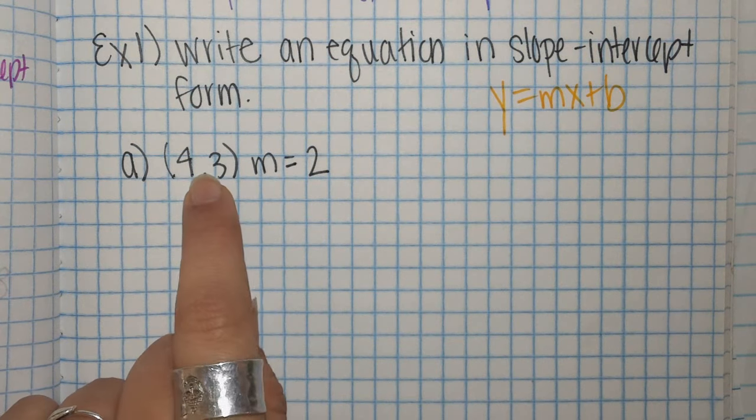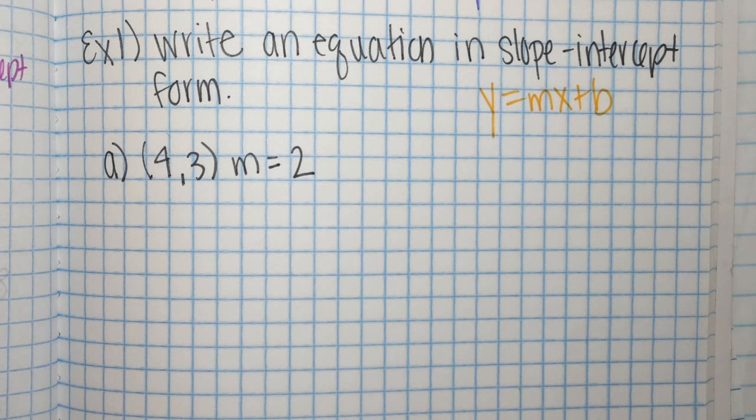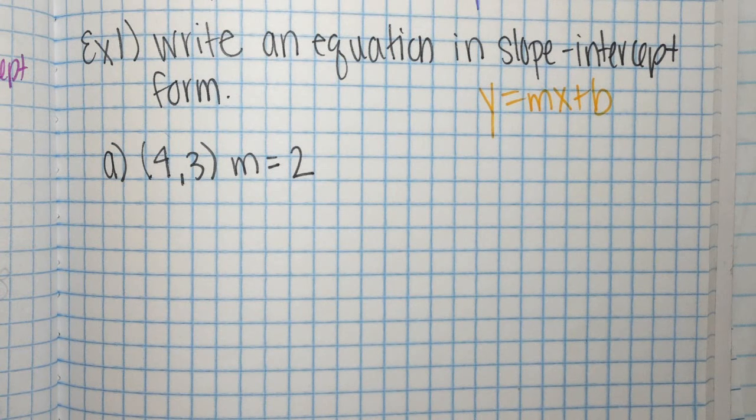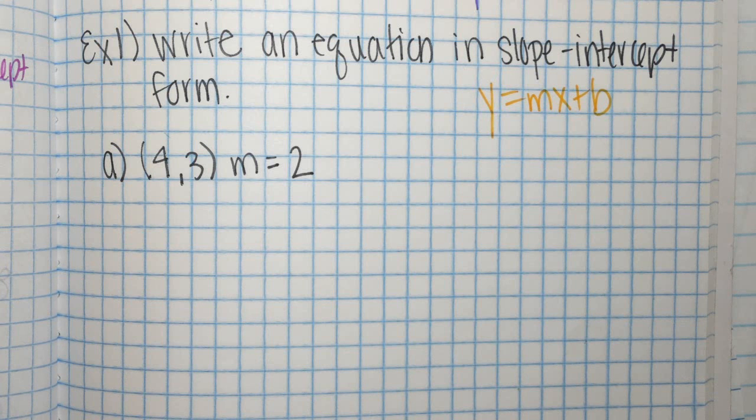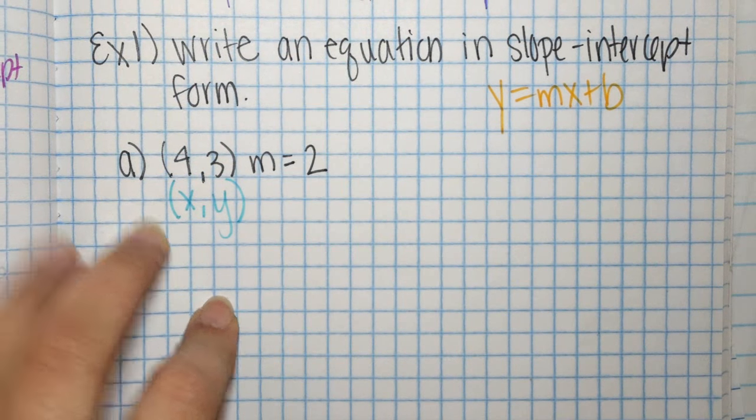These aren't the x-intercept or y-intercept. That's an ordered pair. What is an ordered pair? X and Y. So this is x, y.